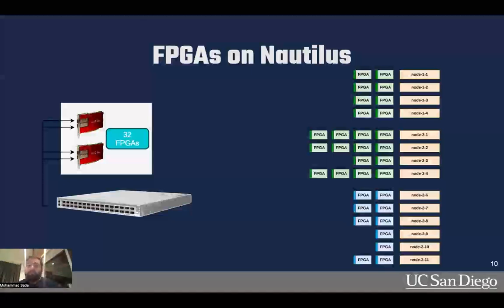The ones in blue at the bottom here, from Node-2-6 to Node-2-11, are all flashed with the OpenNIC shell image and shell that allows users to use them as SmartNICs and use the ESnet SmartNIC tool stack, which allows you to very easily have a bunch of tools that you can use to talk to the FPGA as if it was sort of a switch on the edge.